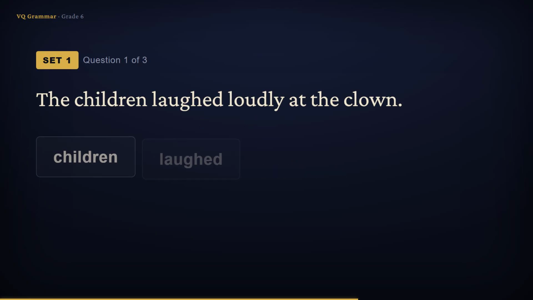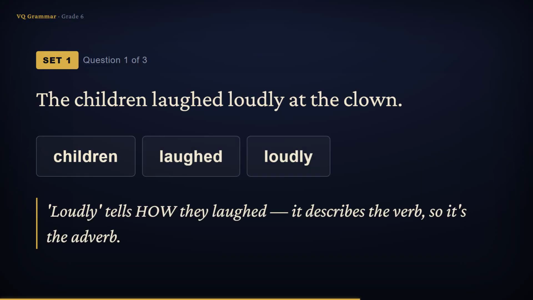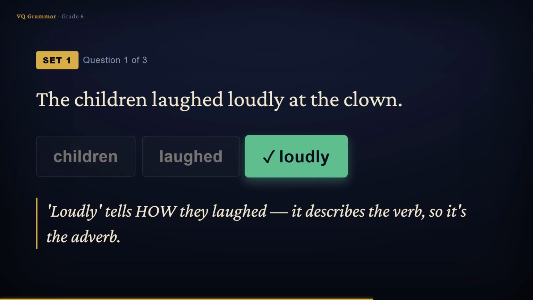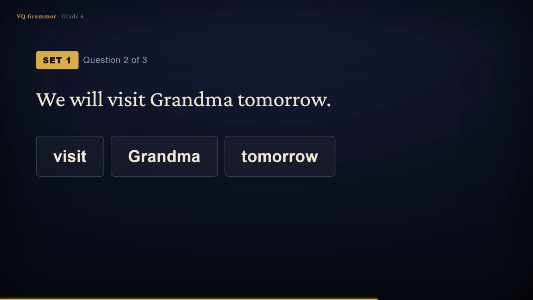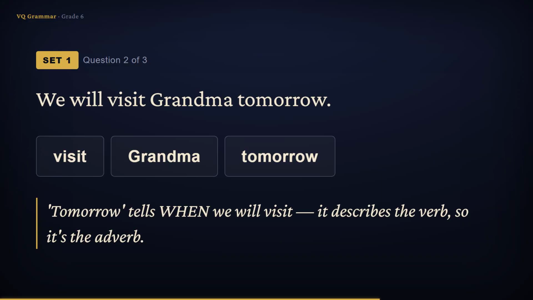The children laughed loudly at the clown. First, the verb, the action, is laughed. Now, which word tells us how they laughed? Loudly. It's describing the verb laughed, so the adverb is loudly. We will visit Grandma tomorrow. The verb here is visit. Now ask the questions.